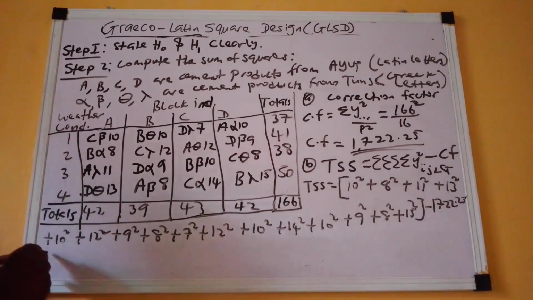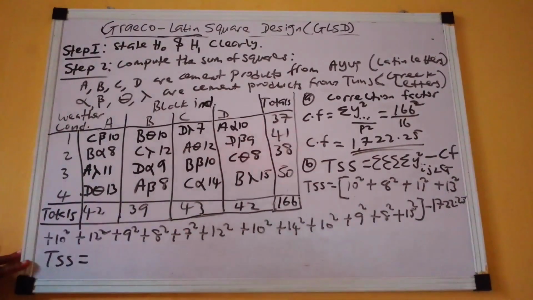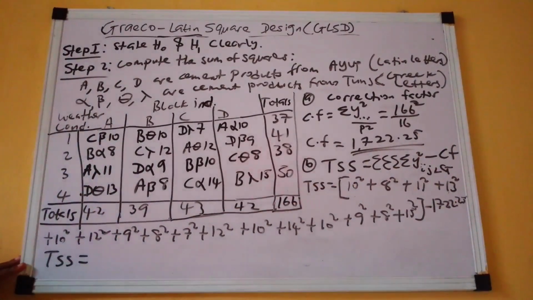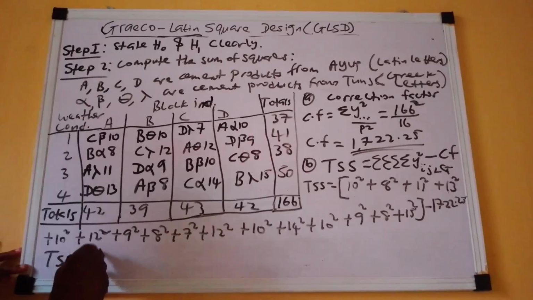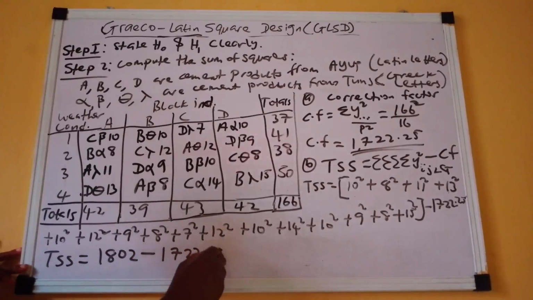So our total sum of square, our TSS. When you carry out this arithmetic, you square each of these 16 items and add them together. You are going to get a total of 1802 minus the correction factor 1722.25.